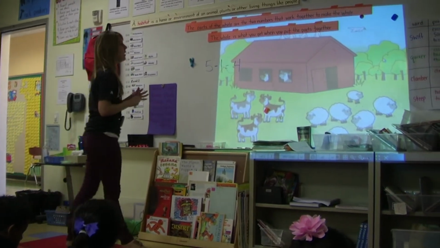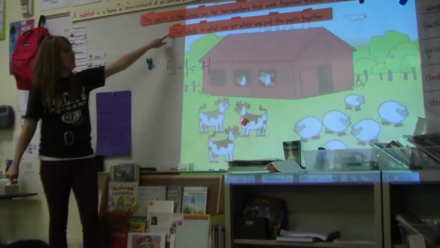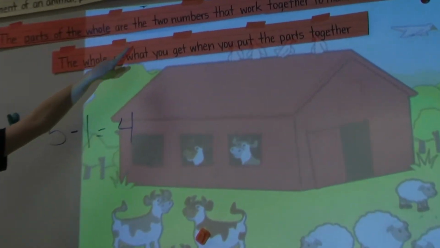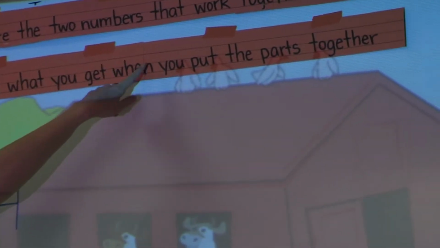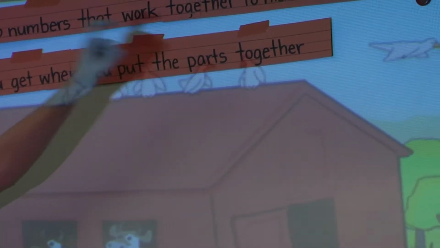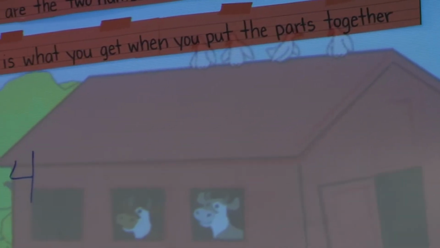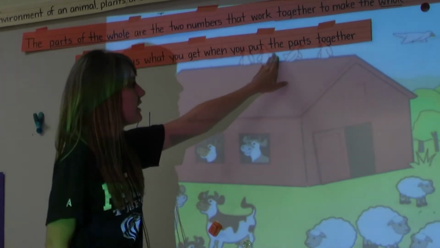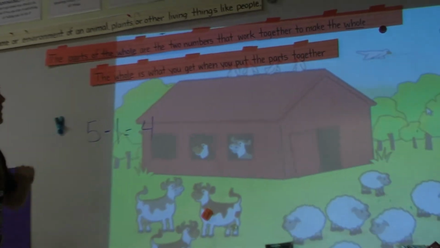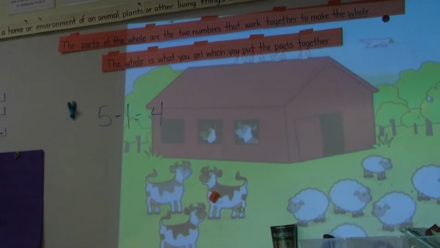So when I think about the whole, let's read this together. The whole is what you get when you put the parts together. So I have 4 birds here and I have 1 bird over here. But I need to put them together, and that tells me what the whole is.